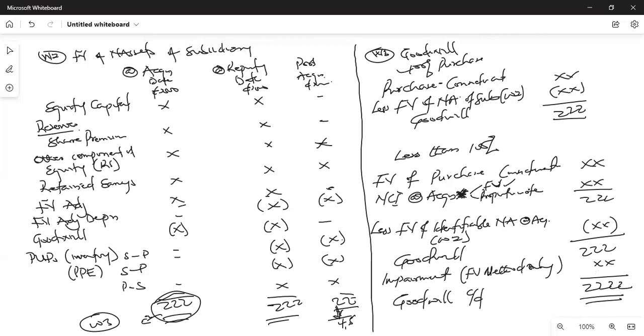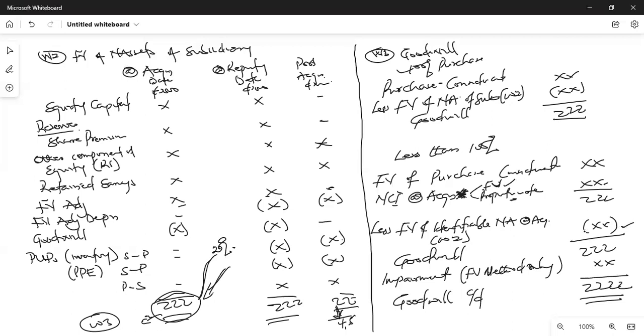But if the proportionate method is used, you won't have any impairment. Okay. With the proportionate method, they will tell you that the NCI is measured at a proportion of this figure. So if they say 20%, then you will compute 20% on the figure that you have and bring it here. Then you later come and less the full amount again, all right, here. Okay, so that is it.